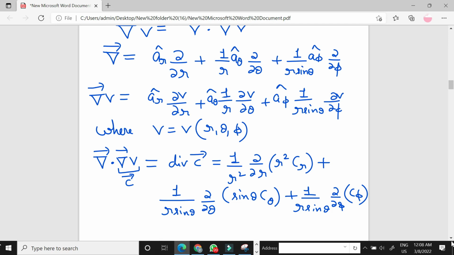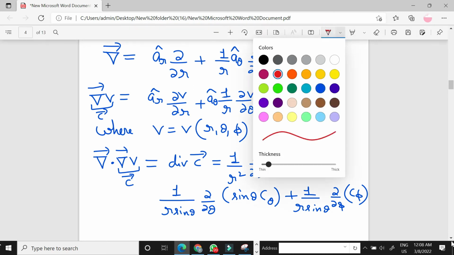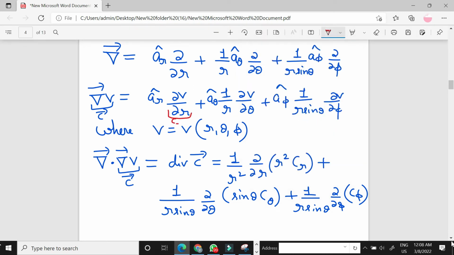So if this is a C vector, then this is the value of CR, this is the value of C theta, and this is the value of C phi.